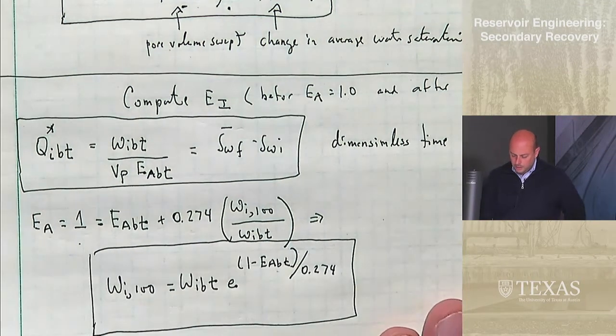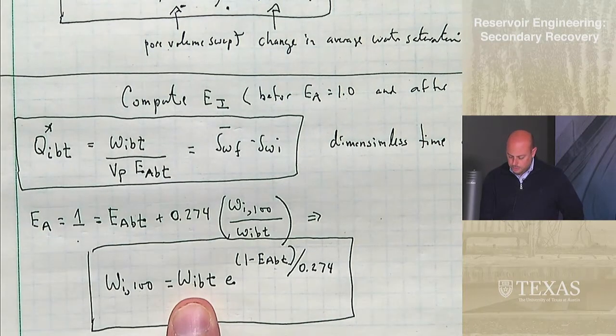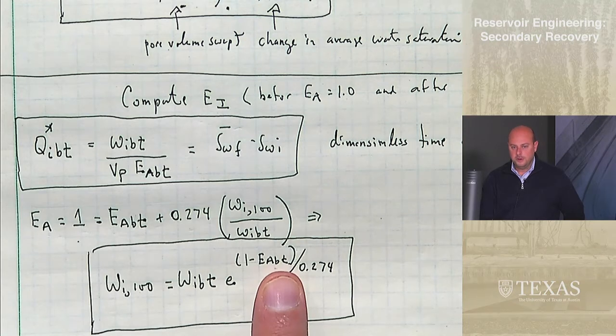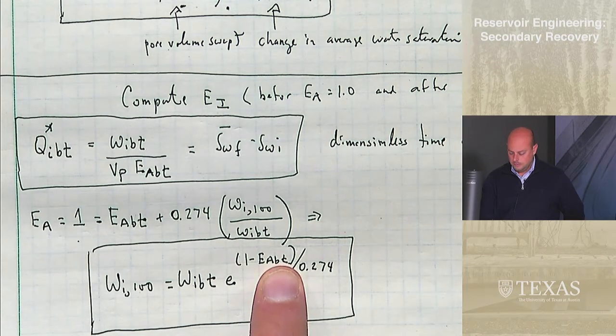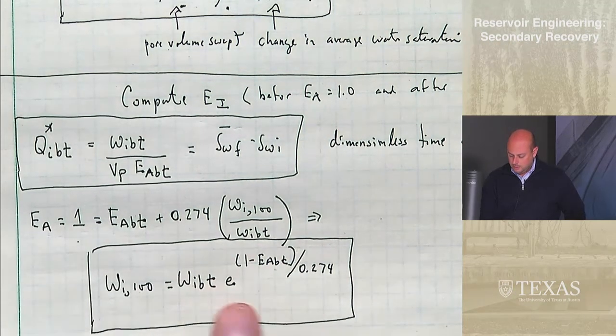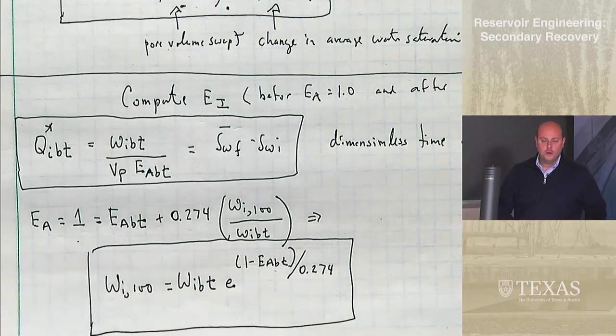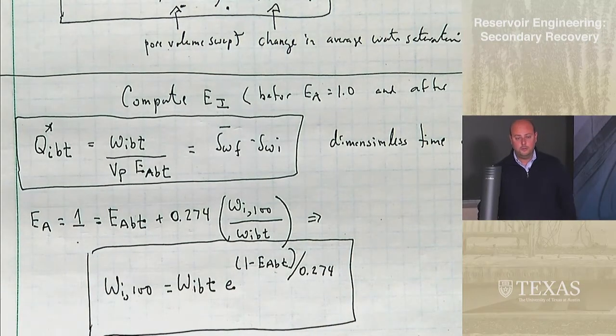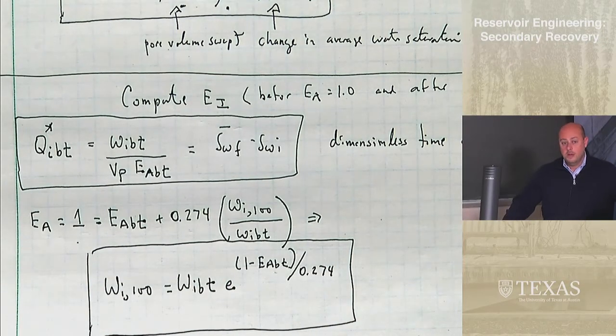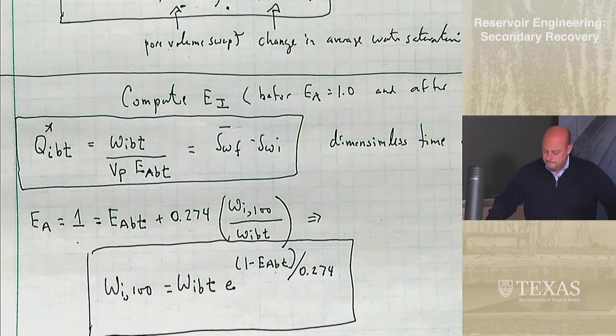And we know everything in there. We've already calculated how much water is required at breakthrough. We know the areal sweep efficiency at breakthrough. That'll be a number less than 1. Okay, and you plug in this formula and you figure out how much water you need to inject to get 100% sweep efficiency, areal sweep efficiency.